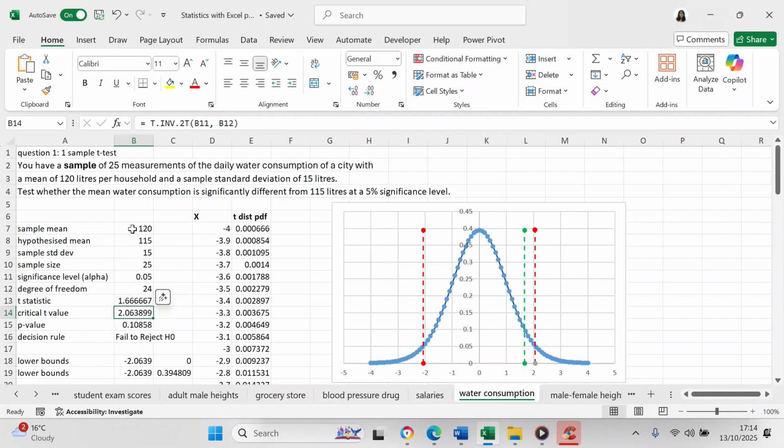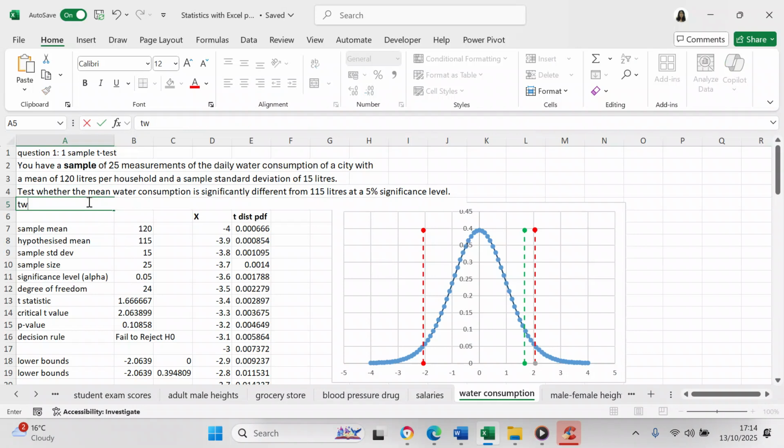Your critical t-value is, sorry, that was a two-tailed t-test. And we'll just put this here.